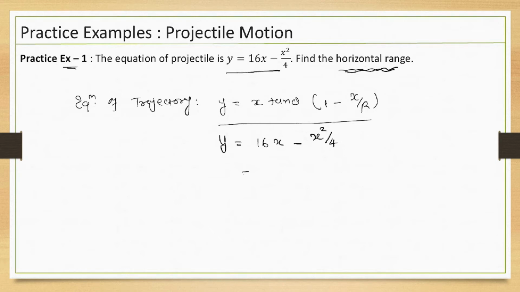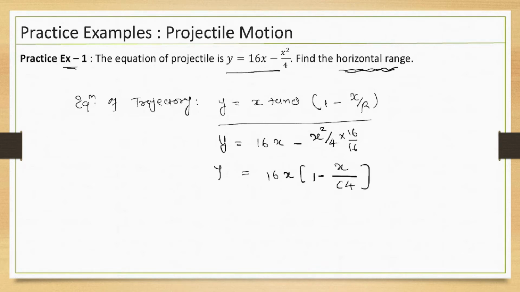Take 16x common, so 1 minus x in the numerator, and in the denominator 16 times 4, that is 64.